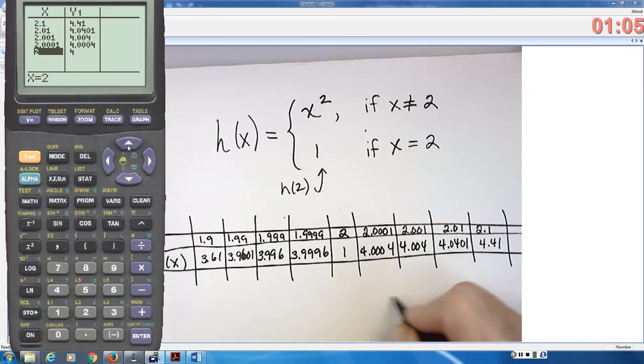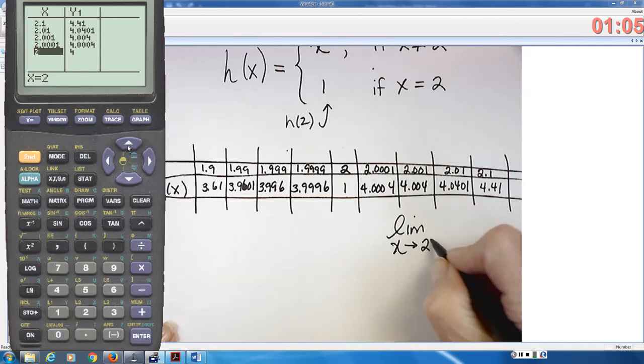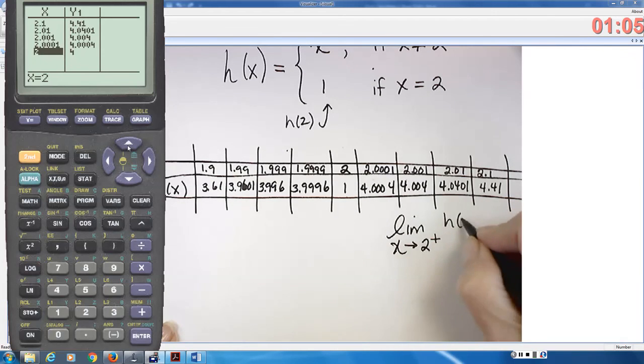So the limit as x approaches 2, this is the way you actually write these, from the positive side for h of x, the limit is actually 4.